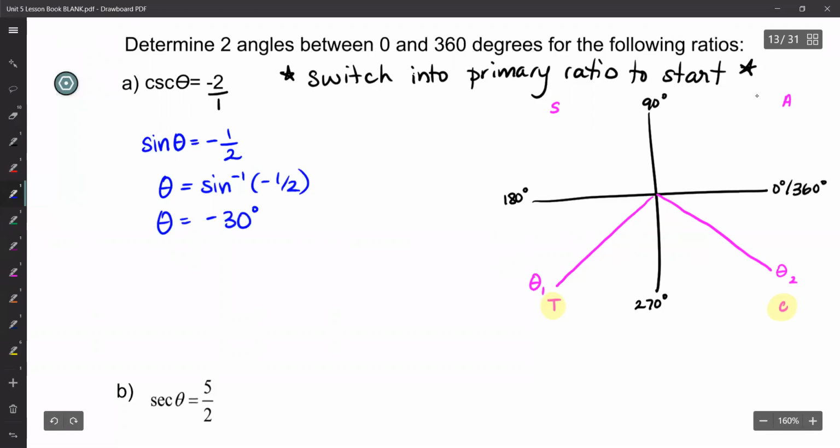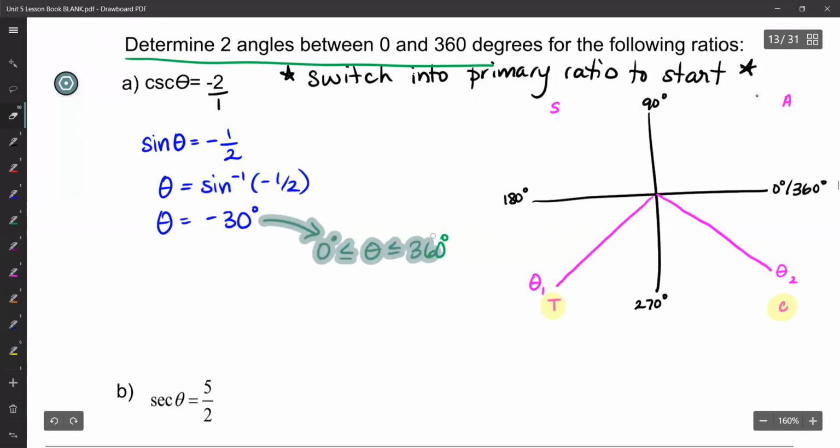Now, this answer is a bit of a problem because this question asks me to determine two angles between 0 and 360. So if my theta has to be between 0 and 360, this falls outside of that range. That's less than 0. So how do I make a negative angle positive?